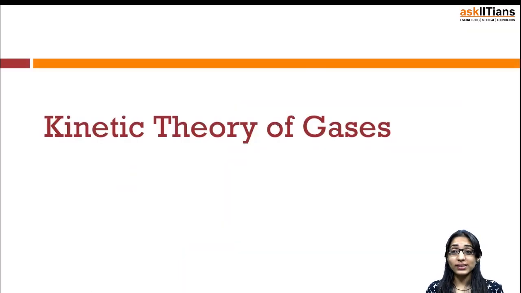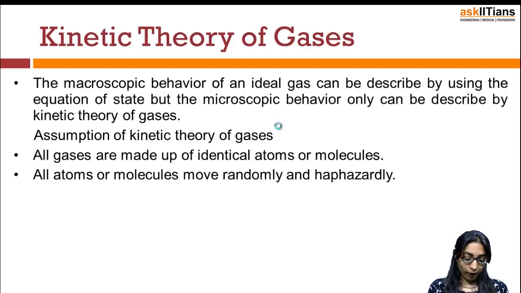So students, now let's once again begin with the kinetic theory of gases. Now let us study some of the postulates which are basically related to the kinetic theory of gases. So what are the postulates? Let me speak them out one by one. The first postulate says that the macroscopic behavior of any ideal gas can be described by using the equation of state.